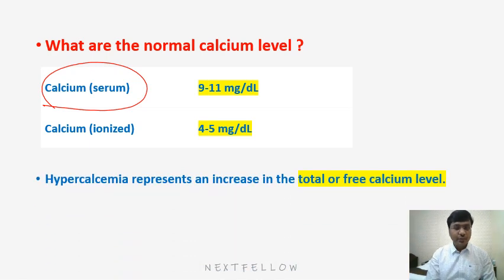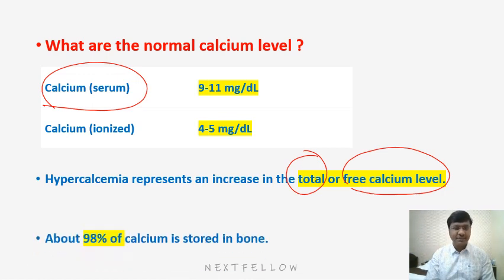Now, when you use the word hypercalcemia, what does it represent? It represents an increase in either the total calcium or the free calcium level. That is what you mean by the word hypercalcemia. Almost 98% of the calcium present in our body is stored within the bone.